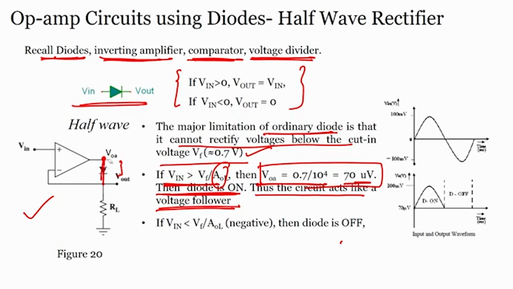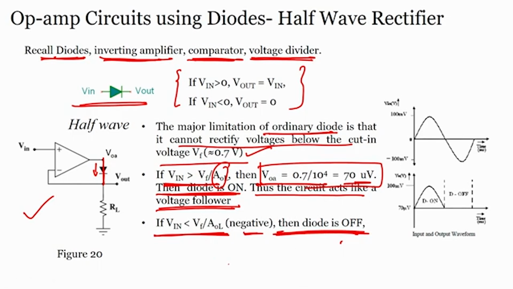If my diode is off, it is not exactly a problem in this particular case, I am just saying that I cannot consider this a voltage follower. But if the diode is on, that means it is conducting, and then it is similar to a voltage follower. If V in is less than Vf by AOL, that is negative, then my diode is off.